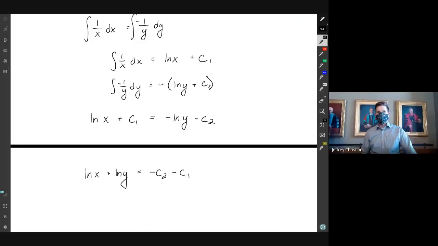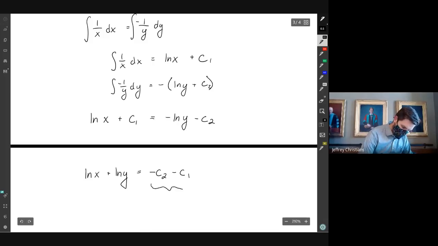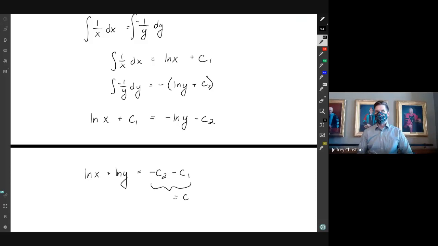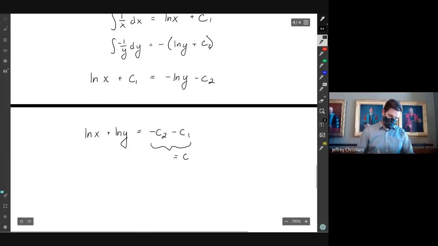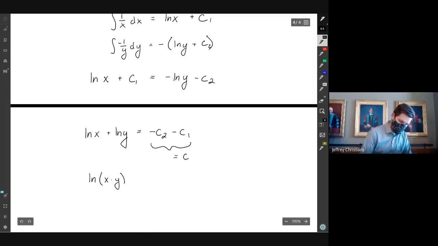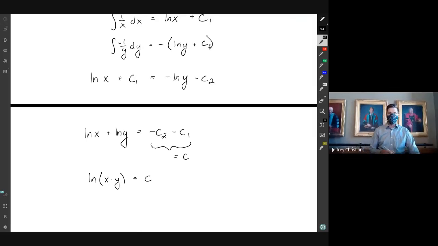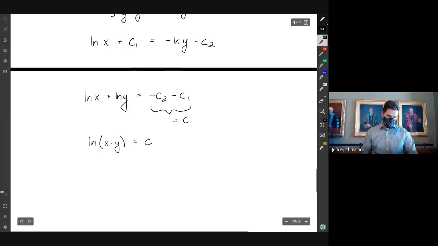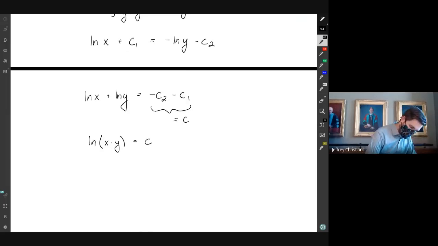And because those are both arbitrary constants, let's smush those together and just call that C. When you have two natural logs added together, that's the same as the natural log of x times y. Right, a fun natural log trick. So the natural log of x times y.